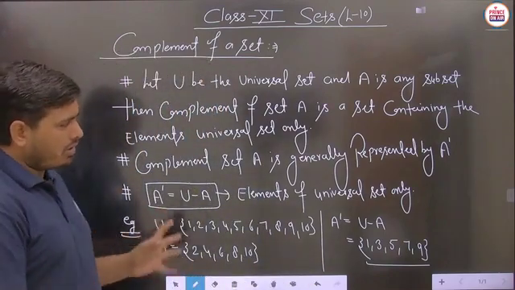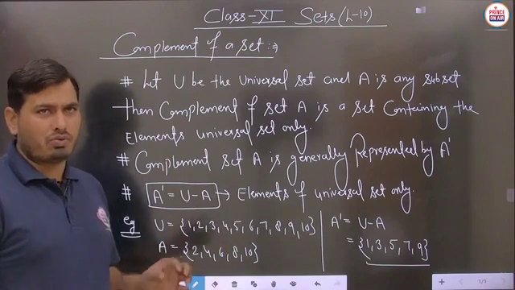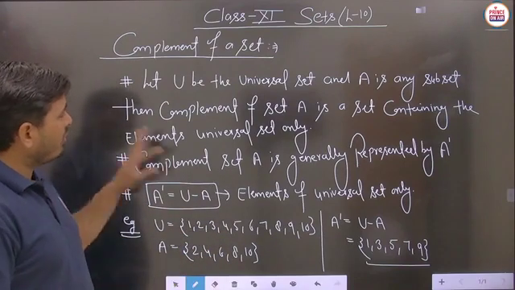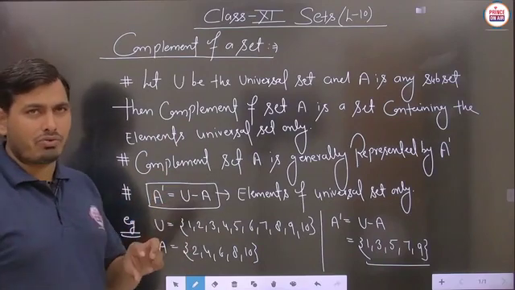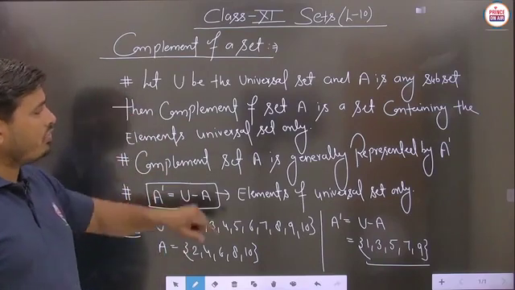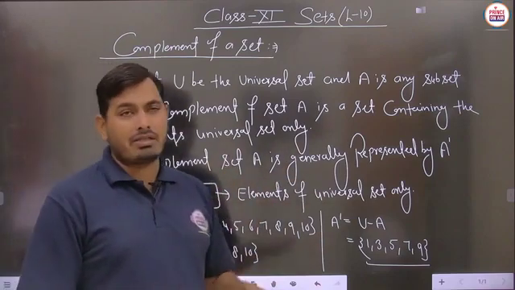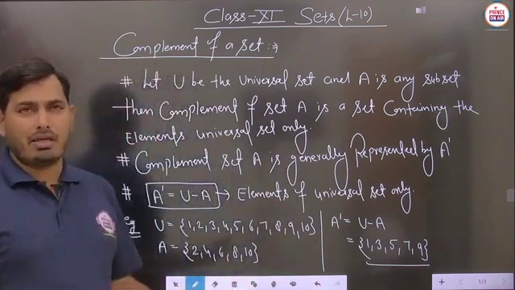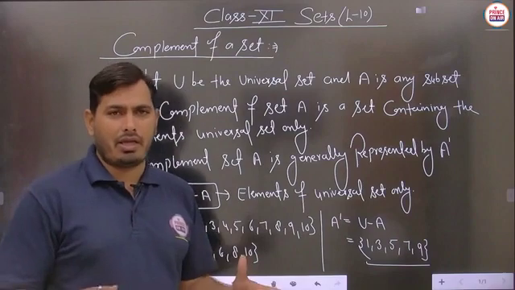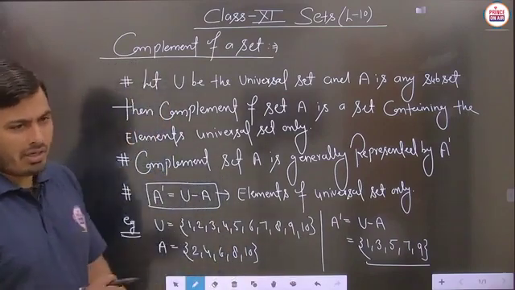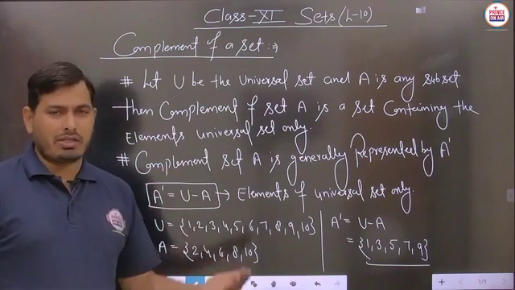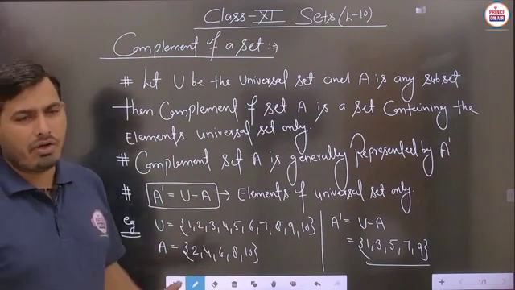So I think, student, the definition part of the complement set is clear to every student, because this is a very important and basic concept, where we are saying that let U be the universal set and A be any subset, then the complement of set A is defined as U minus A, and it is a set containing the elements of U only.